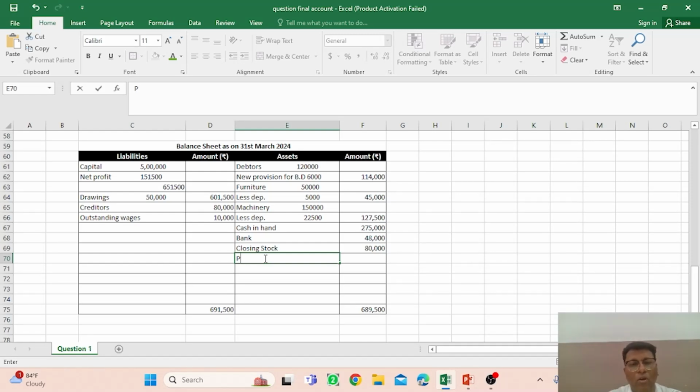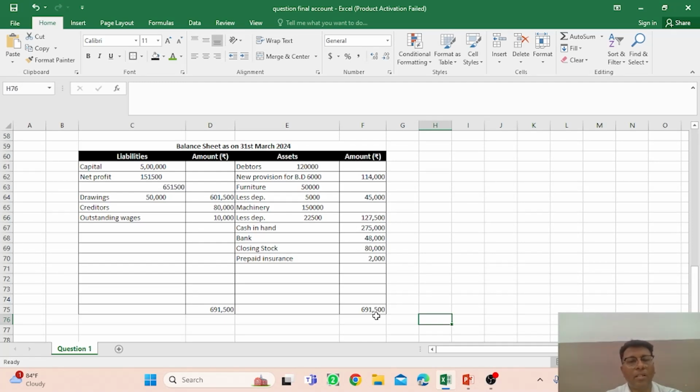So that time you would be sure that your numerical problem, as you are solving, is correct and correctly solved. So prepaid insurance was left. Prepaid insurance, how much is given to you? 2,000, right? Now 6,91,500.